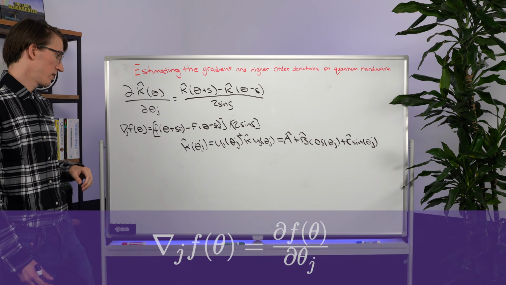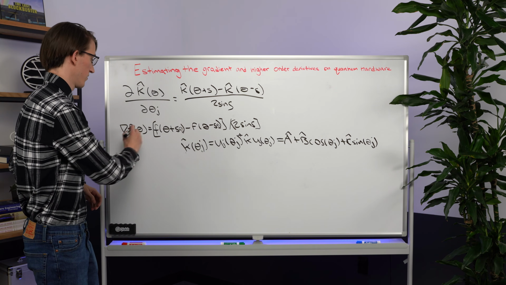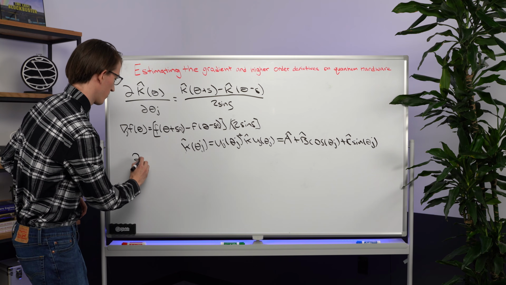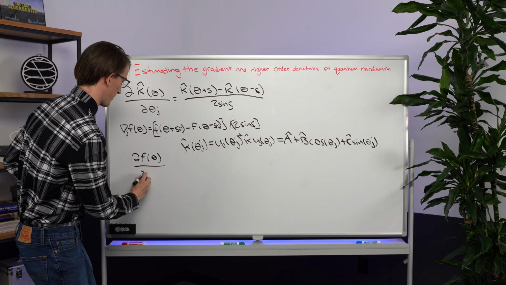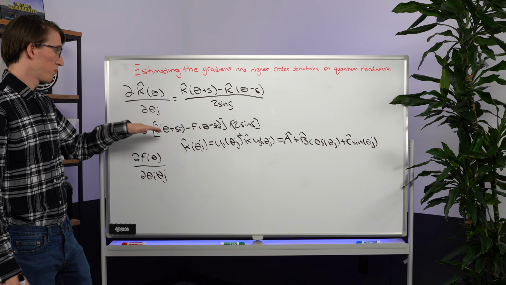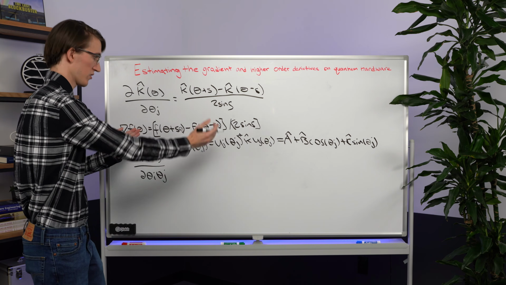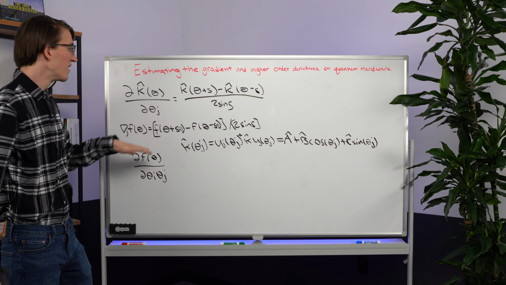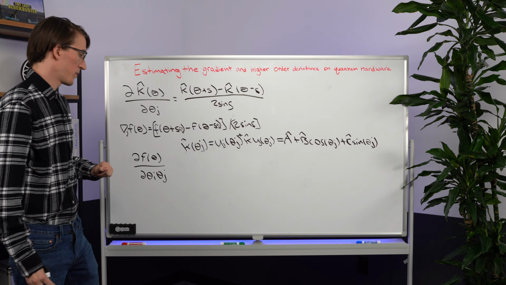We can see that with this formula for f of theta, we can take the second derivative with respect to any theta i, theta j, and simply apply this rule twice, where this is the function, and now we want to take the derivative using this same rule. So we'll get 4 expressions here, and this will be squared.